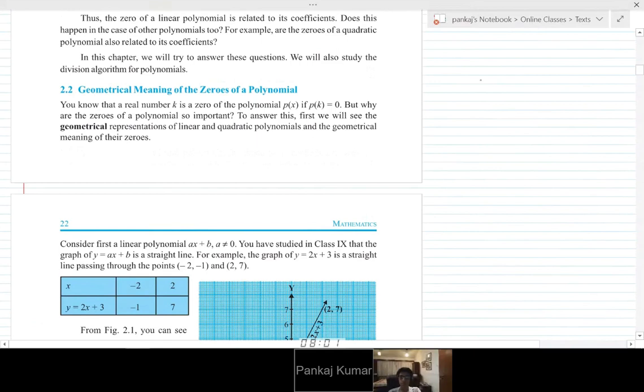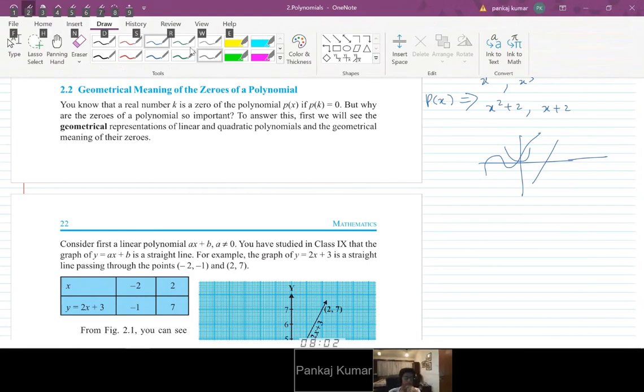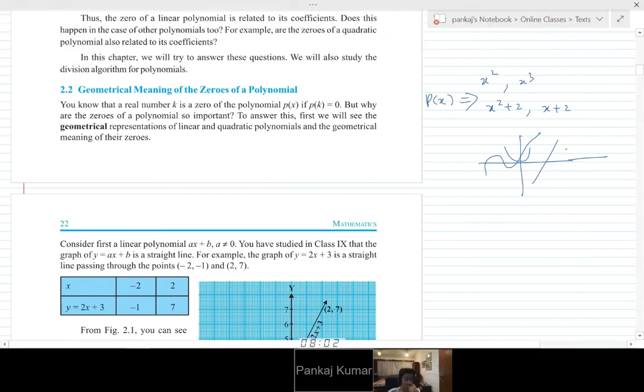So suppose x square, x cube, x square plus 2, x plus 2. These are all polynomials. Now for example, this is one graph, this is another graph, and this is another graph.